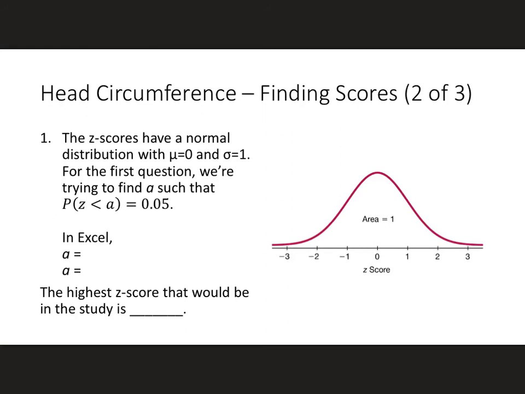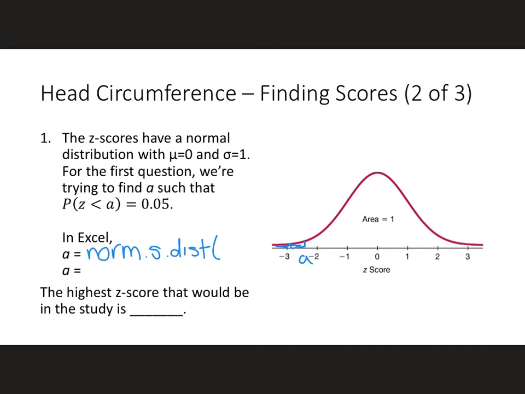To find the z-score for the bottom 5%, I'd always start with sketching that normal curve, drawing that area. I'm just sketching here. That blue squiggle is not going to be my 5%. You are looking for this, I'm going to call this a value. So we're going to go into Excel and type in norm.s.inv.